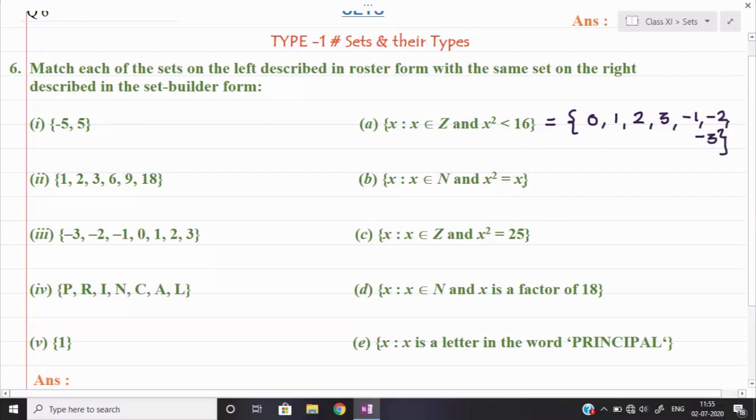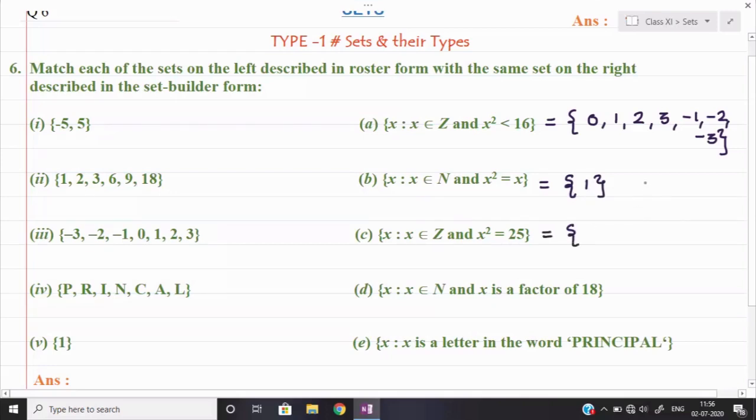Similarly, x square is equal to x. Those numbers we require whose square is equal to themselves, and they are saying x belongs to the set of natural numbers, means 0 we can't take here. So only one option remains, 1, because if you take 2, the square of 2 will be equal to 4. So only 1 square is equal to 1. Similarly, x square is equal to 25.